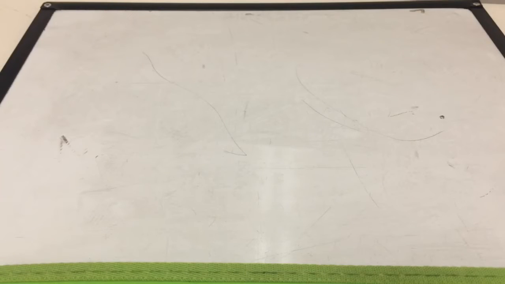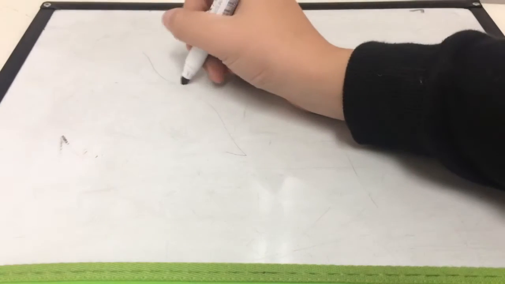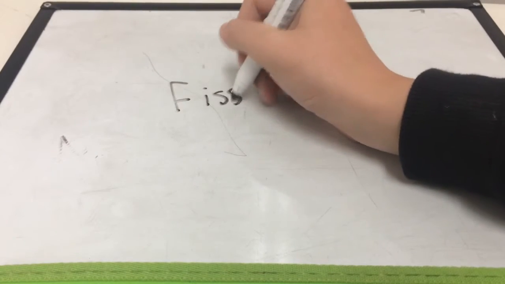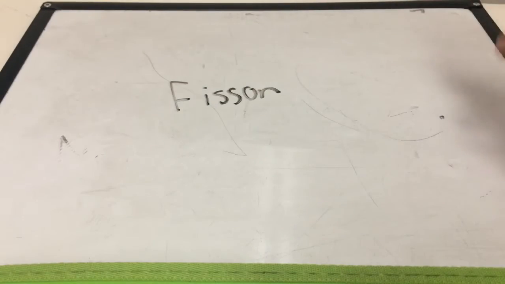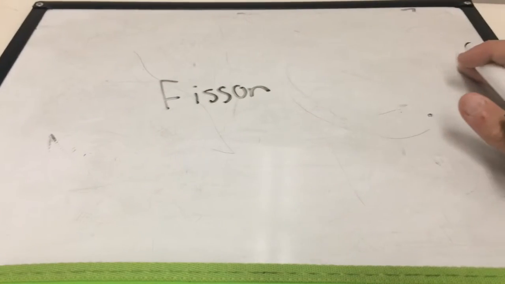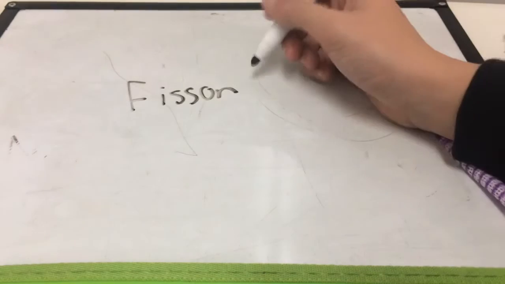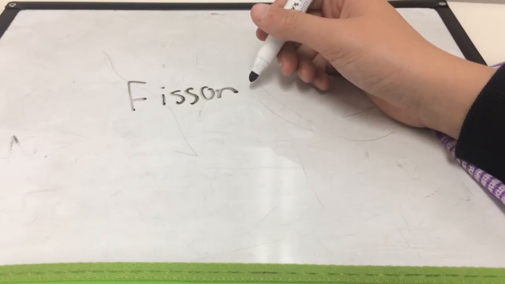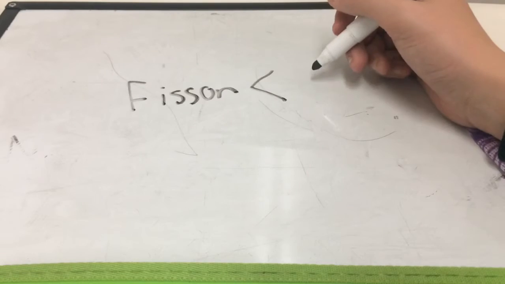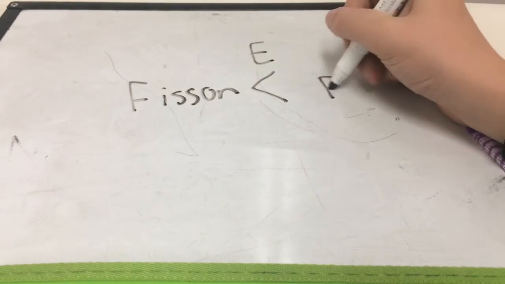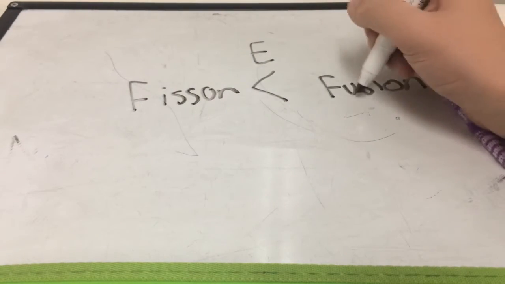So basically, here's the thing. Energy, we all know, is released from nuclear reactions, right? You should know that if you watched our beta and gamma decay videos. Fission releases a lot less energy than fusion. Fusion releases a lot more energy than fission.